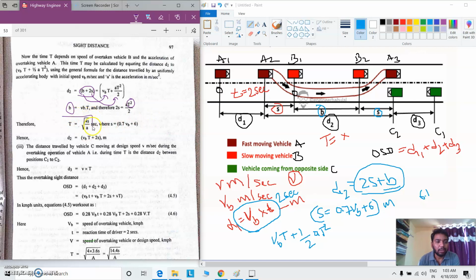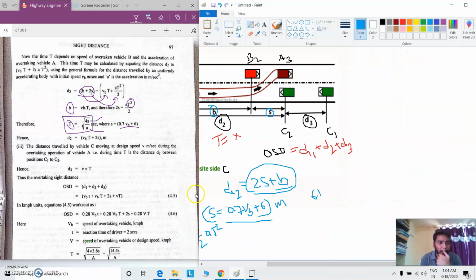We are not deriving this formula; it is recommended by the Indian Road Congress, so we need to use these values and formulas to calculate the overtaking sight distance, because the time t depends on the spacing and the acceleration of vehicle a. The spacing depends on the overtaking vehicle speed and overtaken vehicle speed. This much we can know from these formulas. And again, s is nothing but 0.7 vb plus 6, as we discussed here.